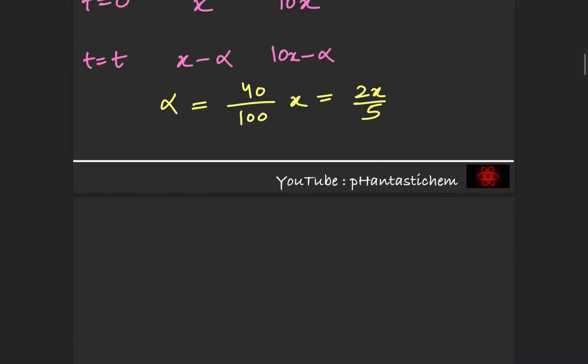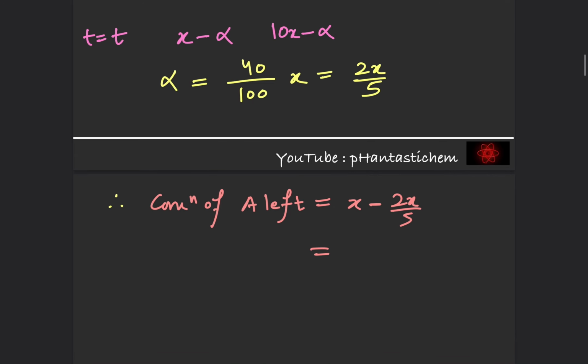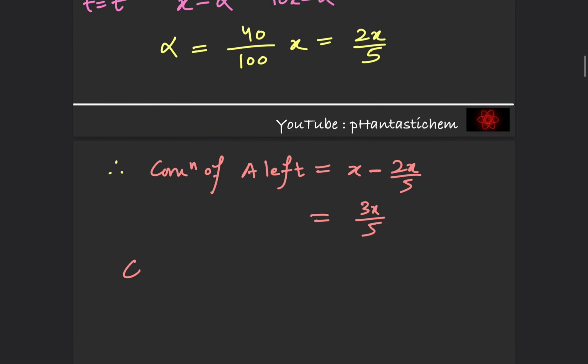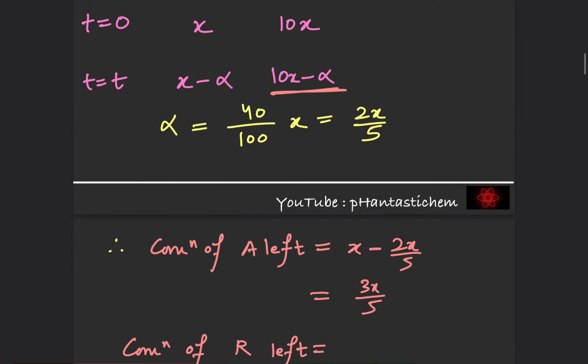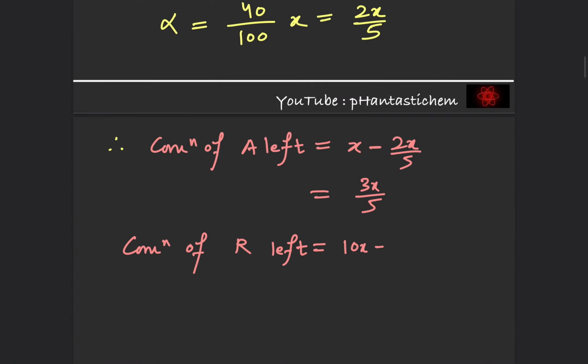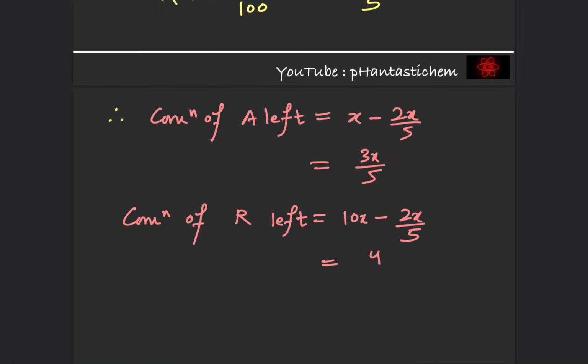Okay. So therefore, the concentration of A left will be equal to x minus 2x by 5, which is 3x by 5. And the concentration of R that is left will be equal to 10x minus alpha, that is 10x minus 2x by 5, which is 48x by 5.